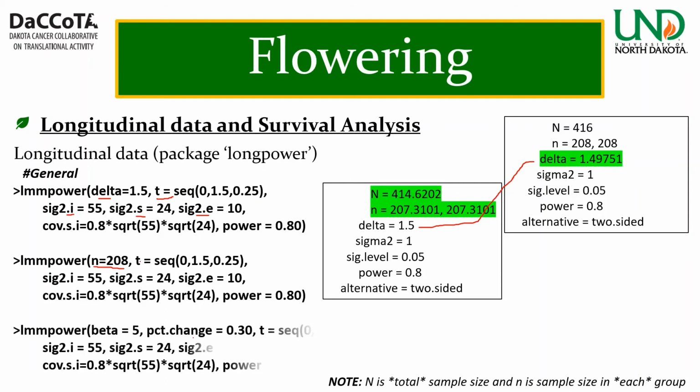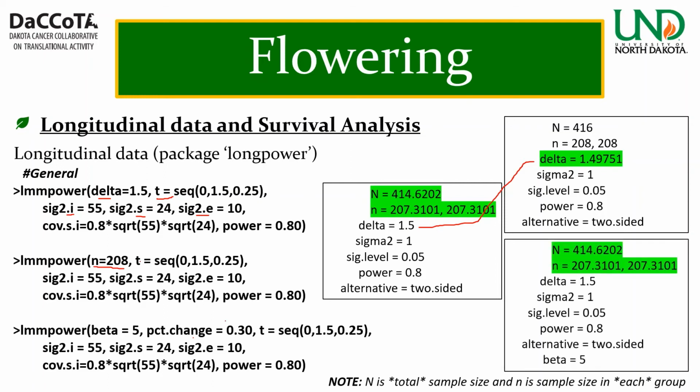And then finally, in this third example, say we want to use beta to get sample size. We're going to get the same as before, 208 per group, because a beta of 5 here was equivalent to a delta of 1.5.